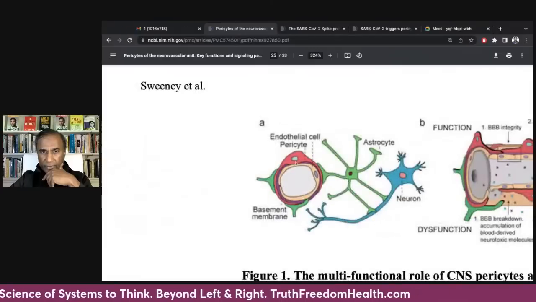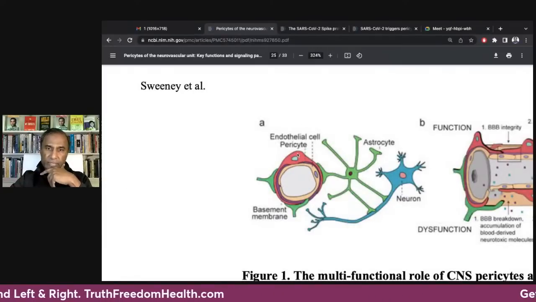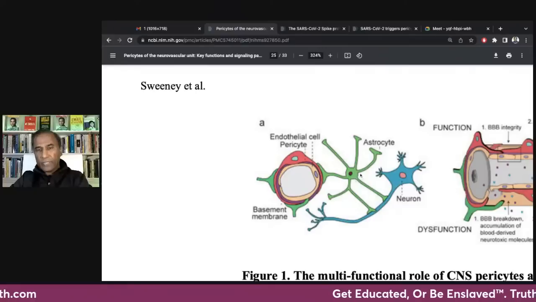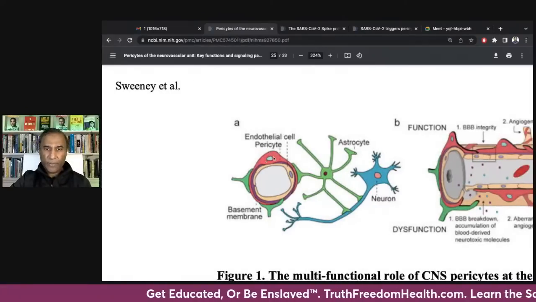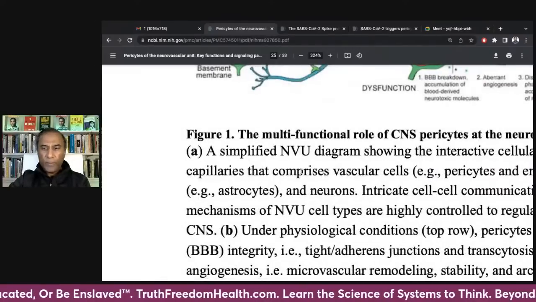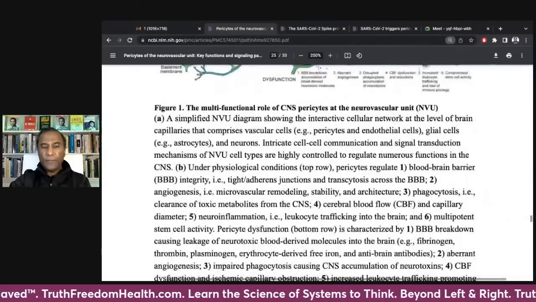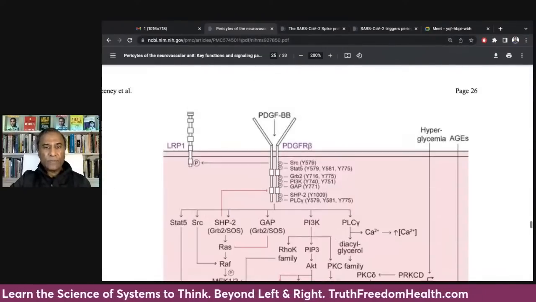Here's another way of looking at it. Here's the endothelial cell. We're looking at a cross-section. There's the pericytes. And so the pericytes and the endothelial cells are in between the astrocytes. The neurovascular unit is the pericytes, the endothelial, and the astrocytes. And what we did was we went through every major paper in the literature, and we did a complete systems biology mapping.